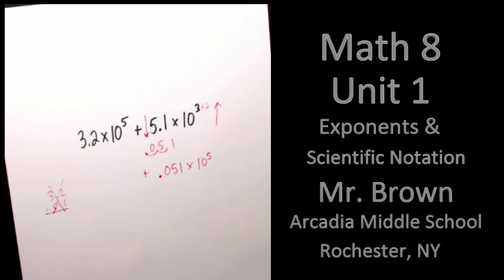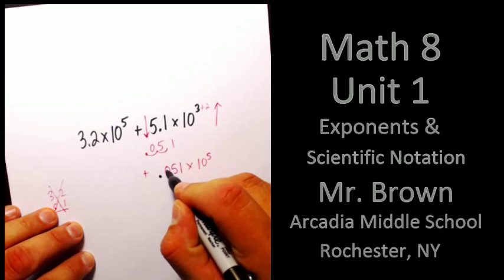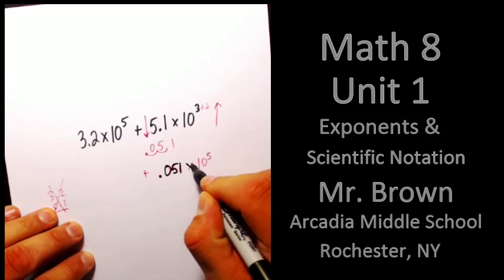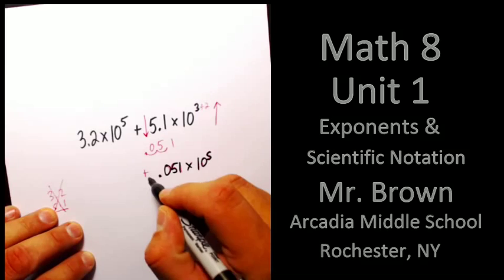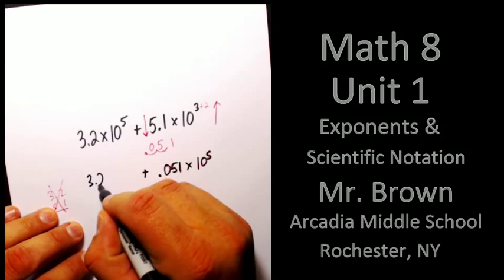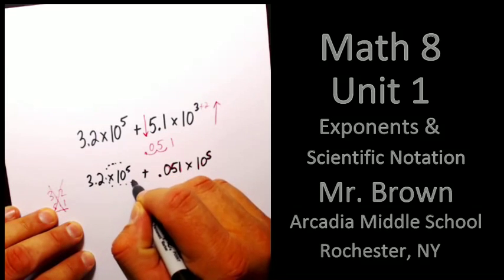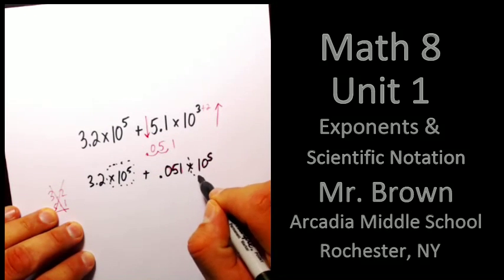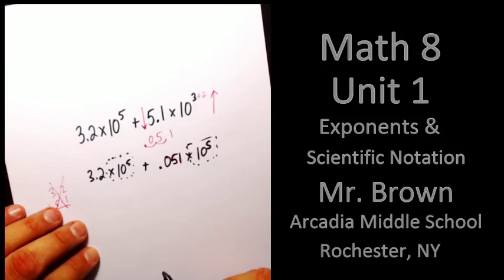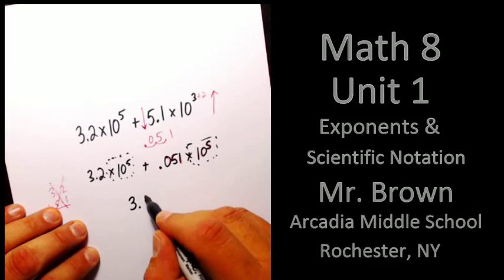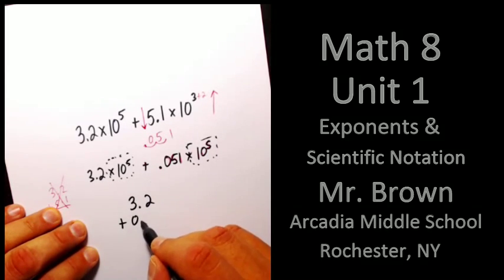So what you got here is 0.051 times 10 to the fifth plus 3.2 times 10 to the fifth. Notice now that we have the same exact last term. So what you do is you have to line the decimals up when you add and subtract.